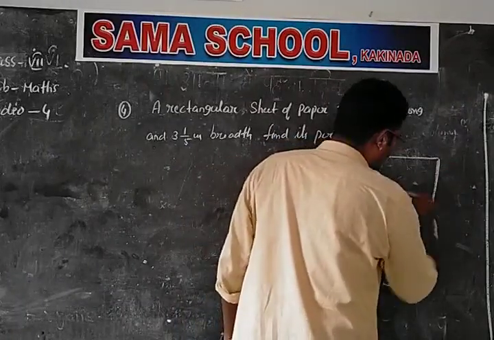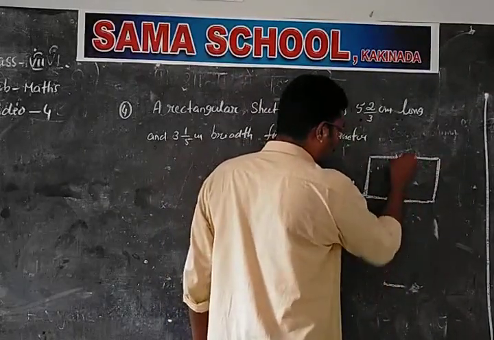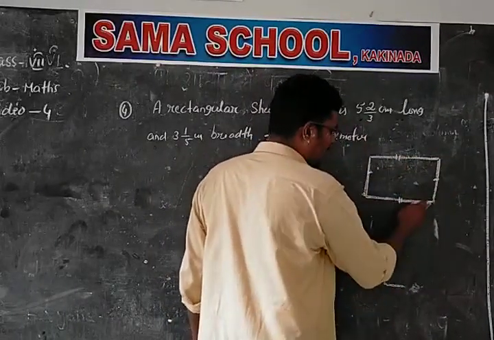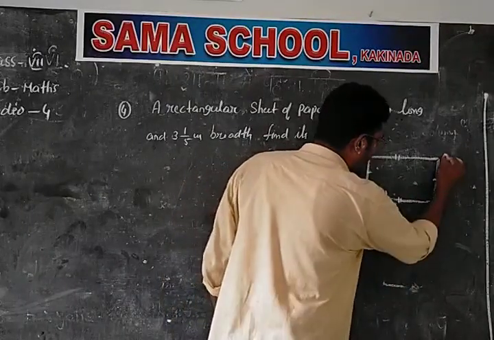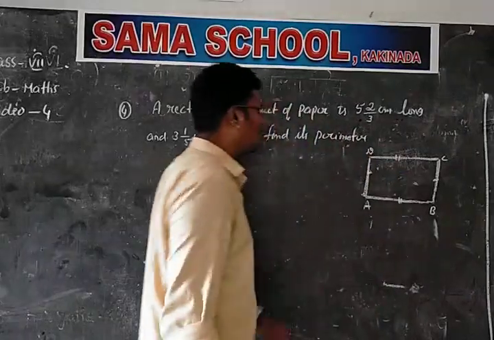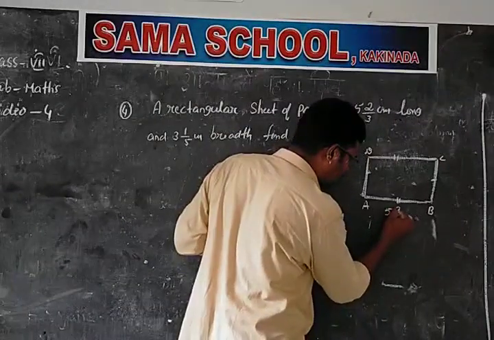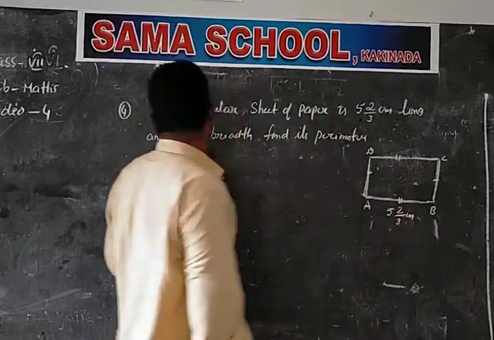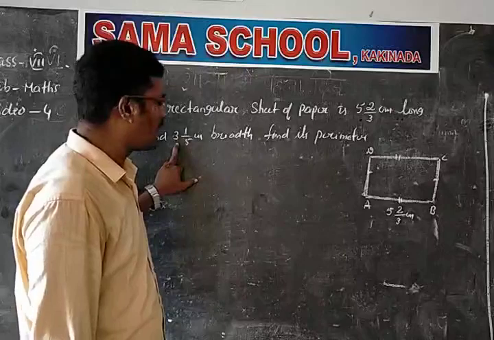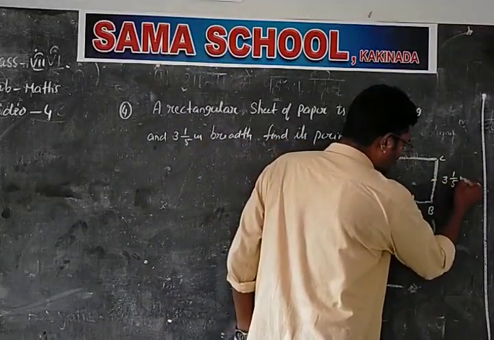This is a rectangle because opposite sides are equal. This is length, this is breadth. A, B, C, D. Already given, length is equal to 5 2 by 3 centimeters, breadth is 3 1 by 5 centimeters.